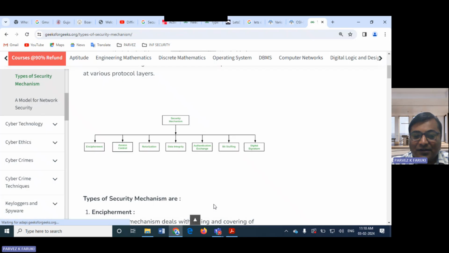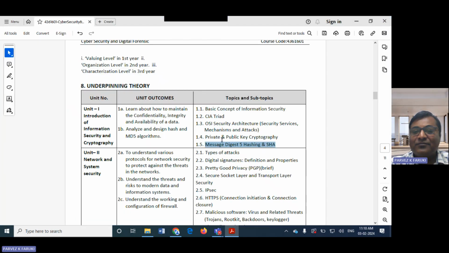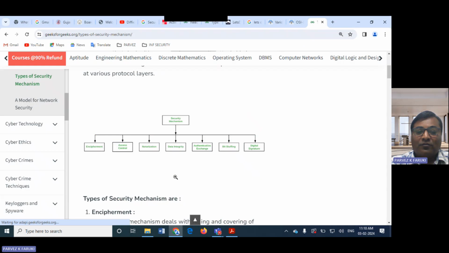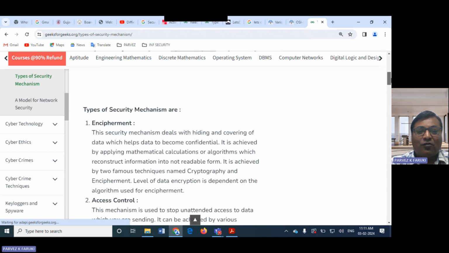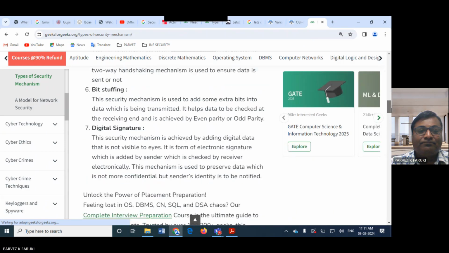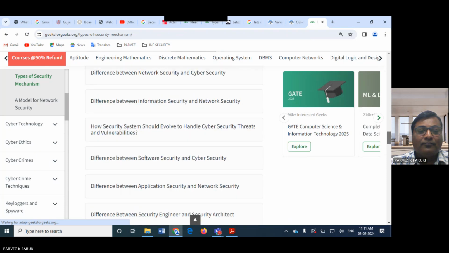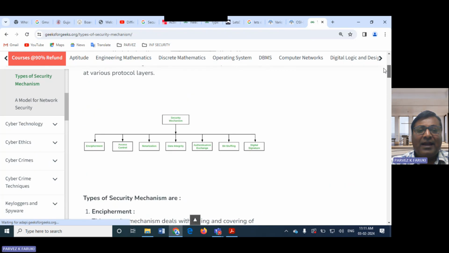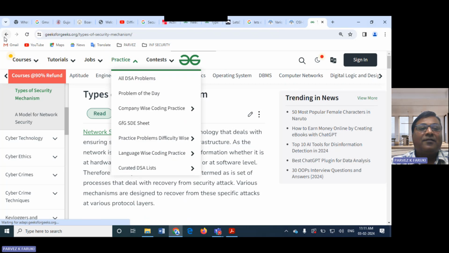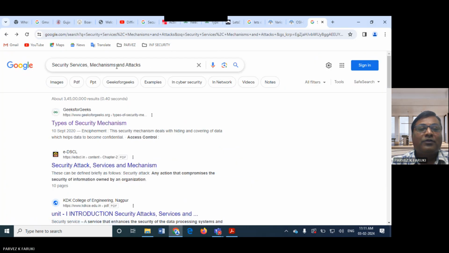So let's come back to our syllabus. Mechanisms and attacks. Let's see what are attacks. The types of attacks are active and passive. Let's briefly go through them.